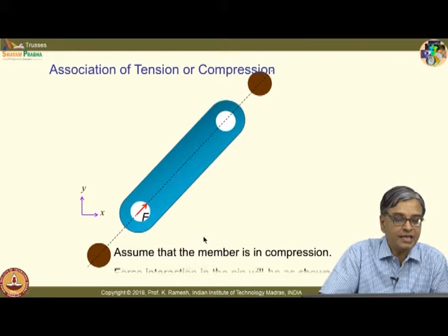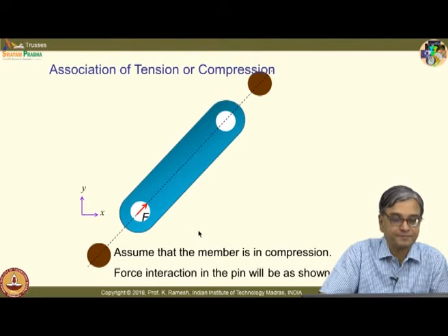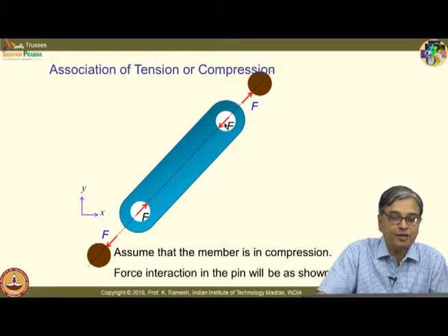It would be equal and opposite. I will have the force like this. And if I look at what happens in this pin, I would have equal and opposite there, and you could see very clearly, if I have forces like this, the member is under compression, and the interaction between the pin and the hole takes place at this end of the hole.